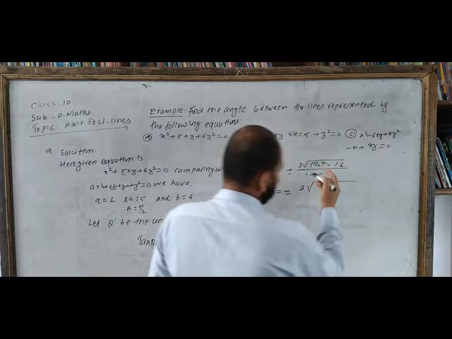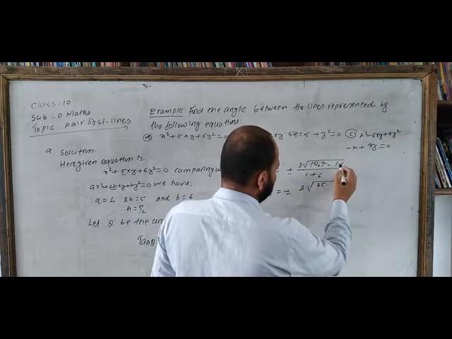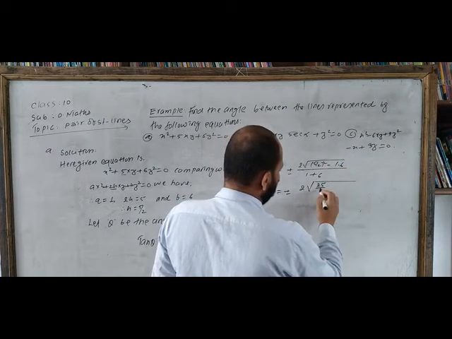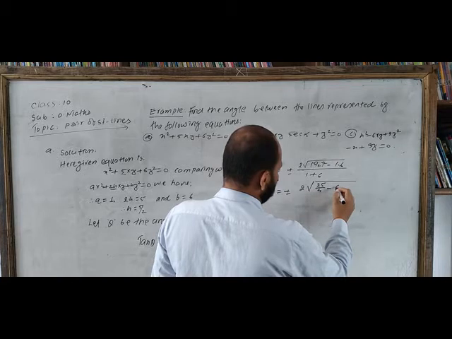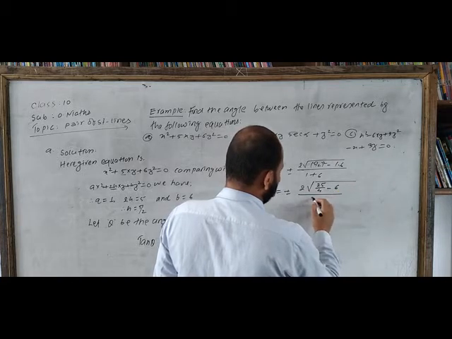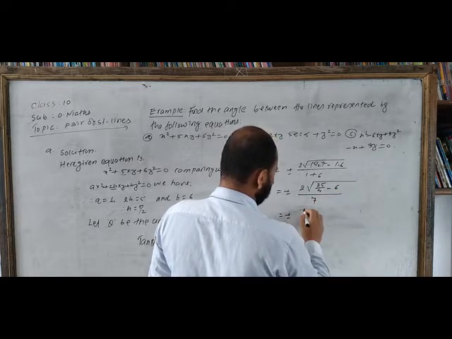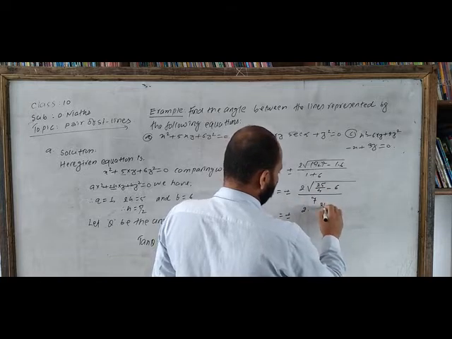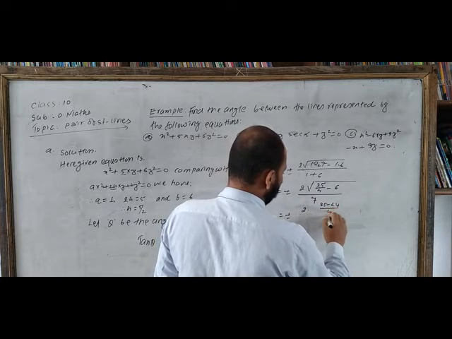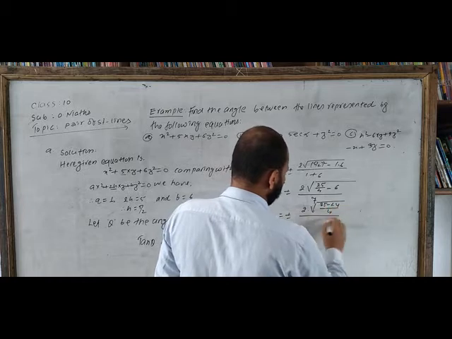Now factorize this. 25 by 4 minus 6, by 7, plus minus 2 root of (25 minus 24) by 4, by 7.